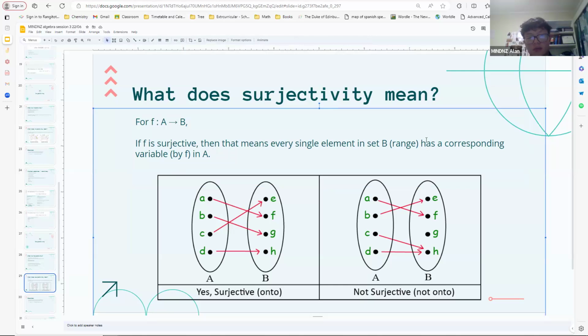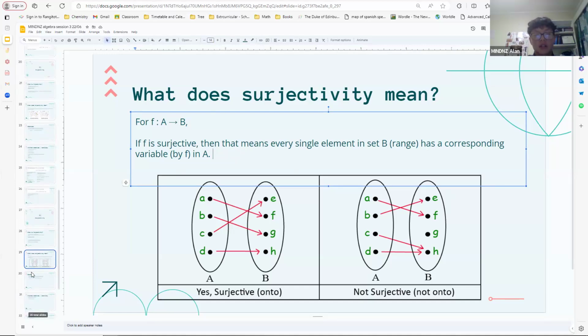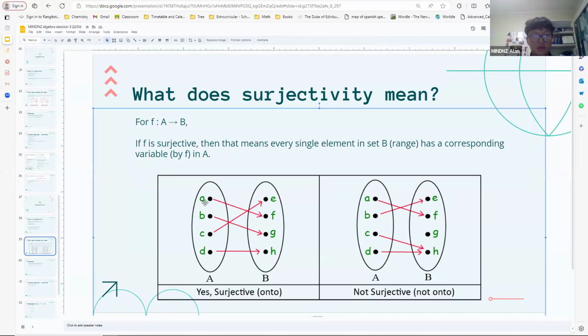There can be more than one corresponding variable. But if it's only one corresponding variable, then it's called bijectivity, but we don't have enough time to cover that. So the first diagram is surjective.